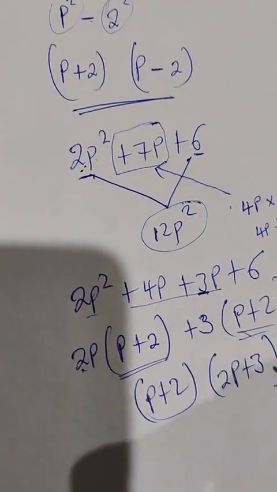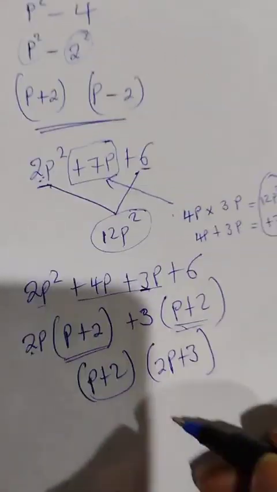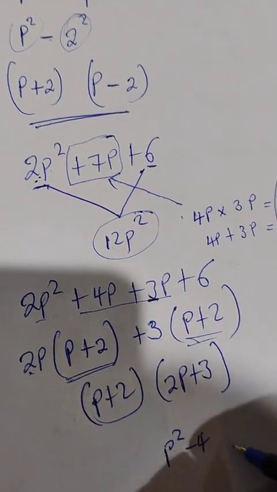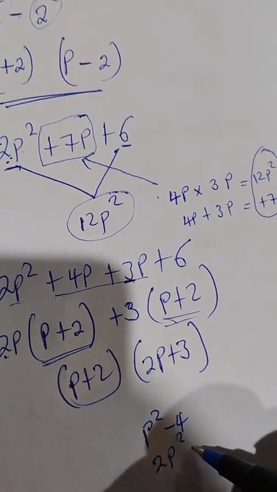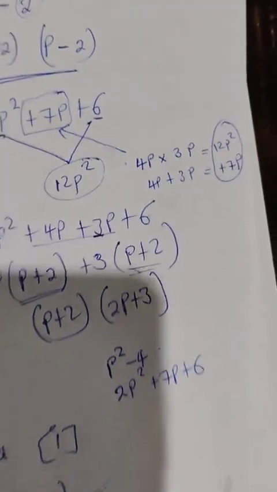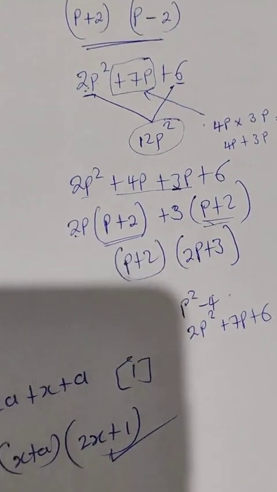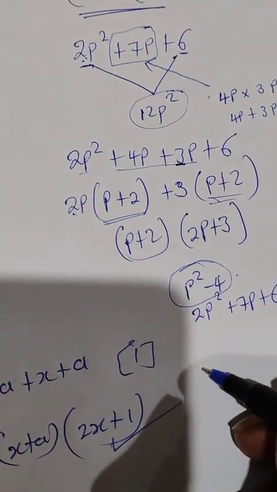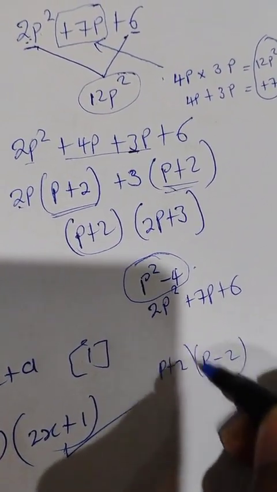2p plus 3. Hence or otherwise find the HCF of p squared minus 4 and 2p squared plus 7p plus 6. So finding the HCF is just based on factorization. The factorized expression of p squared minus 4 was p plus 2, p minus 2.